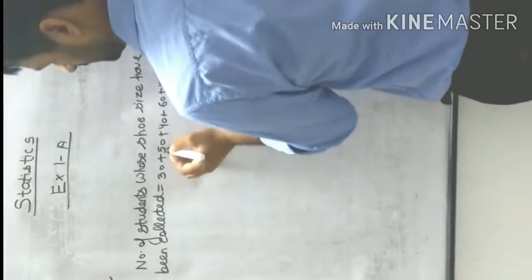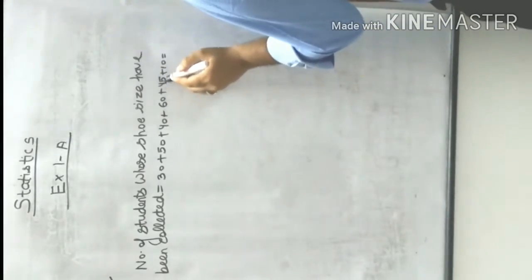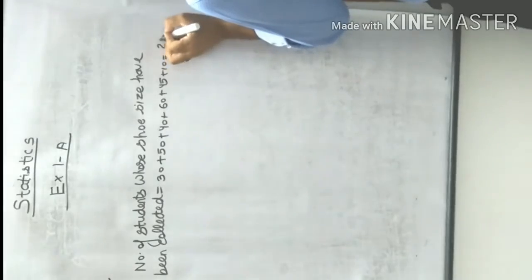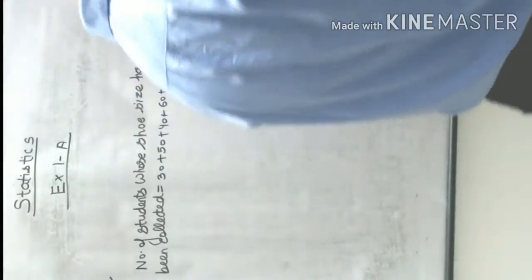Let's add 30, 50, 80, 120, 180, 200, 220, 225 and 235. That means 235 children are there whose shoe sizes have been corrected.